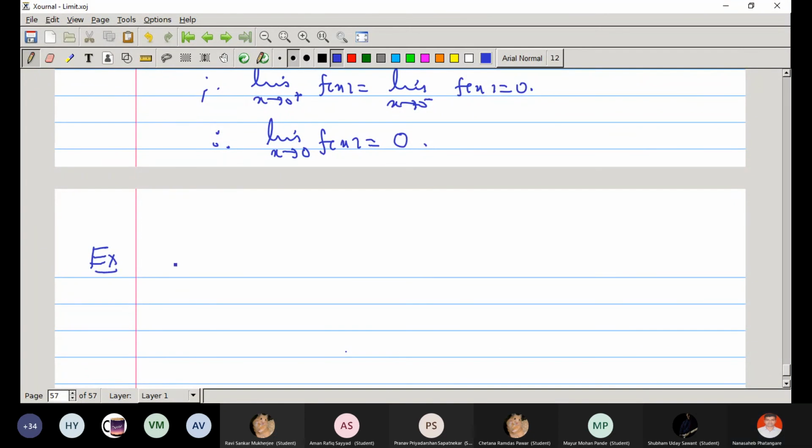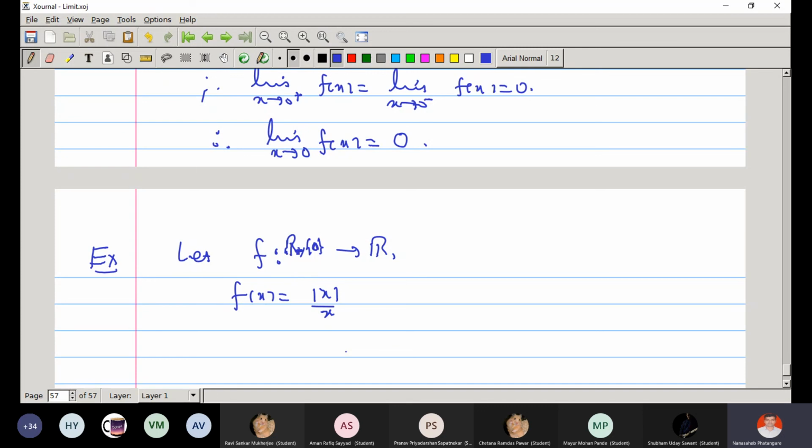Now, let f be a function defined on R to R. What function am I defining? f of x is equal to the absolute value of x upon x. I am defining this function for non-zero numbers, that is, on R minus 0.